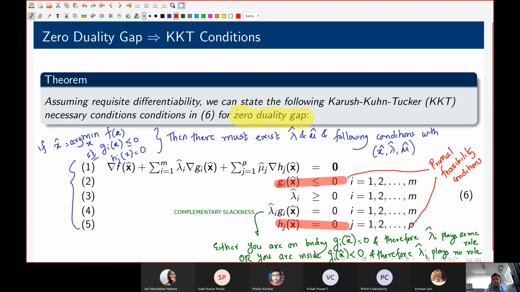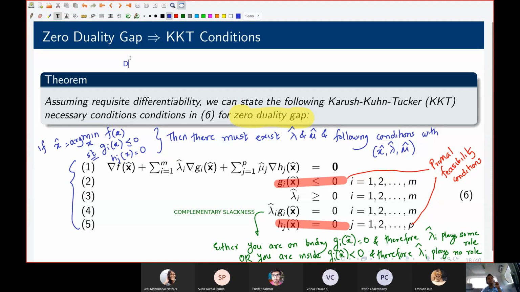Does this require convexity? Did we talk of convexity anywhere here? When we were discussing how to make the duality gap 0, you mentioned that it's guaranteed for convex, but other than that, we've not discussed. Ah, yes, very good point.